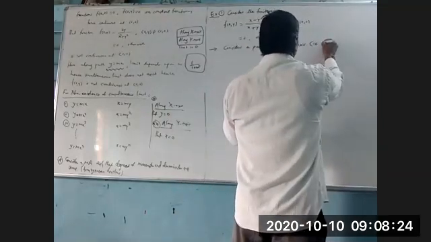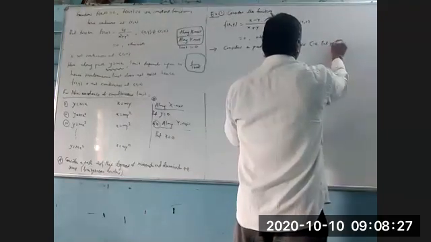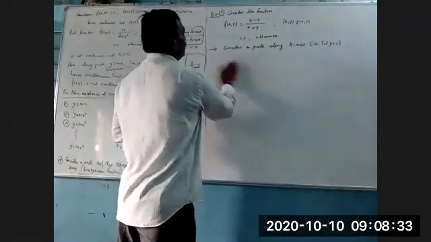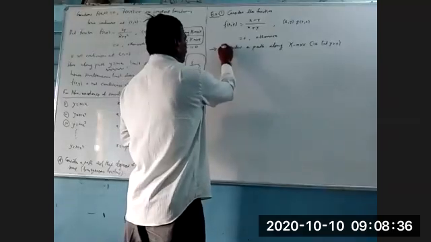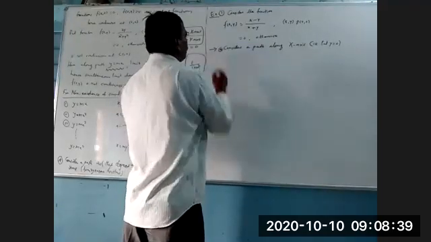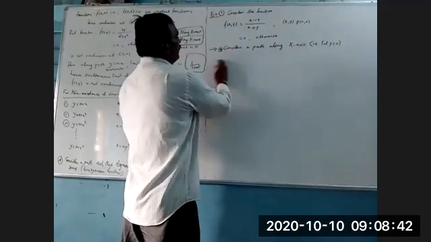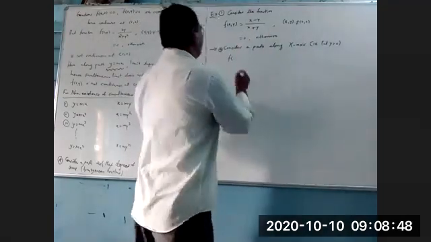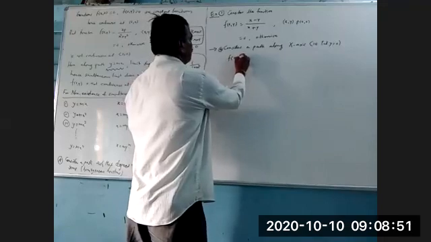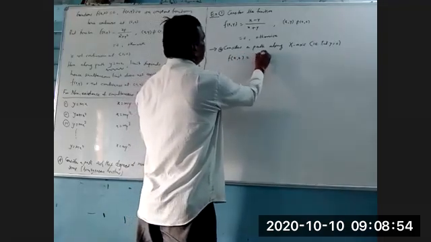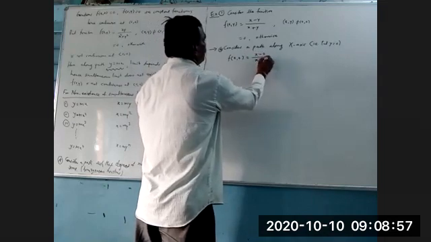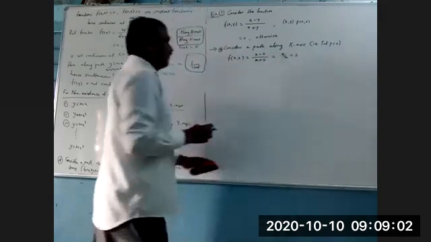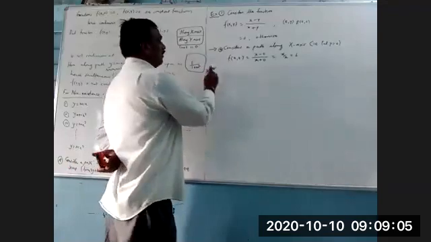This is our first path. Now f of x, 0, keeping y equal to 0, will be x minus 0 upon x plus 0. This will be x upon x, that is 1. And for that purpose, we have to obtain the limit.